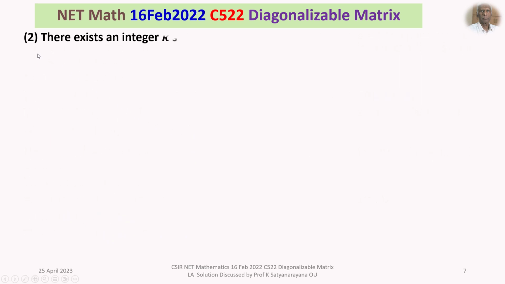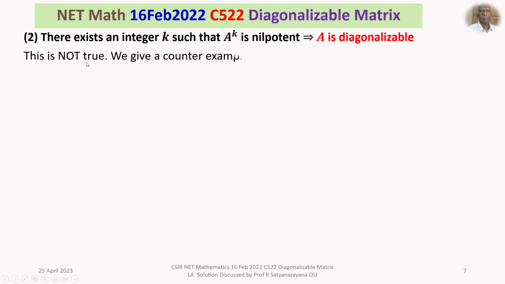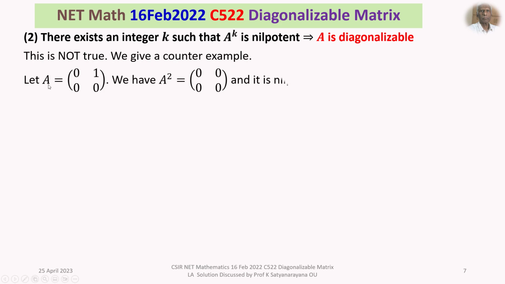Move to the next option, option 2. There exists an integer k such that A power k is nilpotent, implies A is diagonalizable. Is it so? This is not true. To substantiate that, we give a counter example. Let us take A equal to the 2 by 2 matrix 0, 1, 0, 0. We have A square is the 2 by 2 zero matrix, and this A square is nilpotent. So for k equal to 2, A power k is nilpotent.